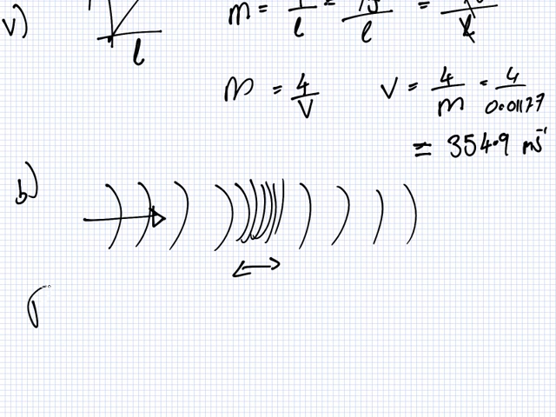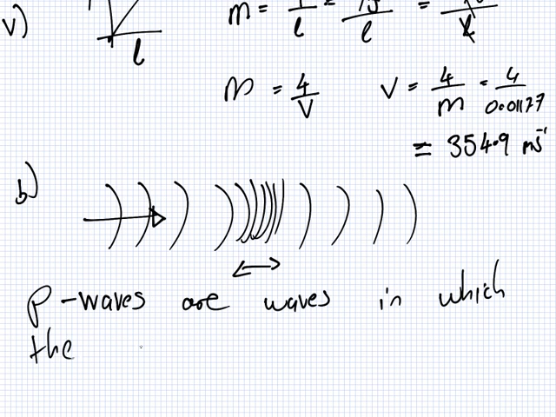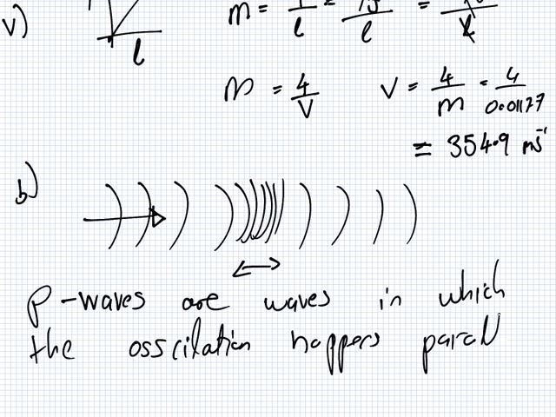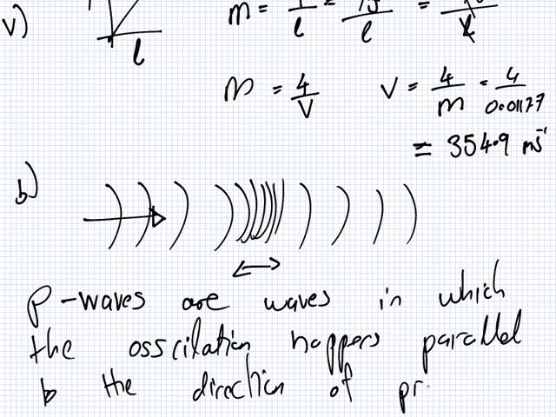So progressive is a synonym of longitudinal waves. You can call them progressive waves, or for short, P waves. P waves are waves in which the oscillation happens parallel to the direction of propagation.